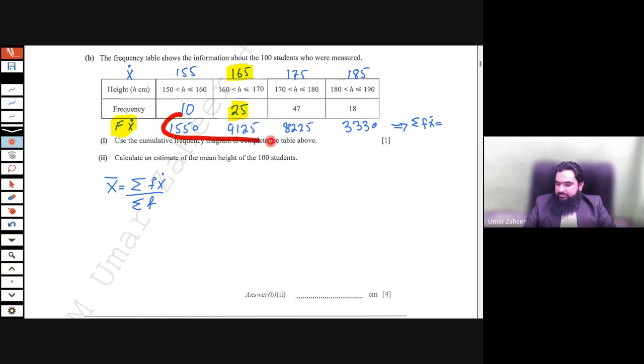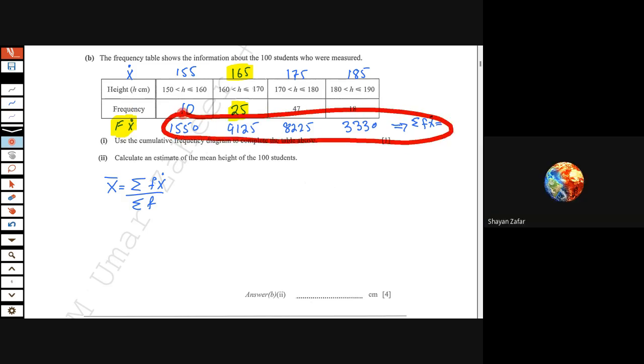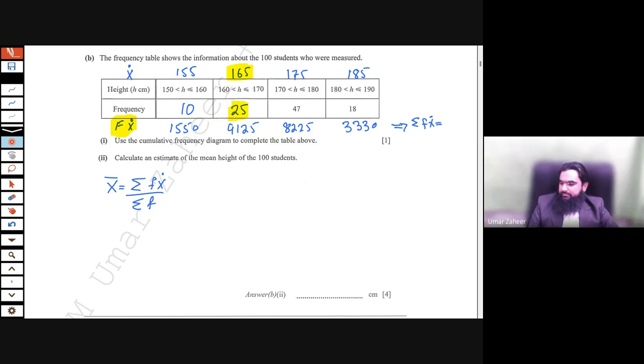Just add the values. 1,550 plus 9,125 plus 8,225 plus 3,330 is 22,230. No, 17,230, right? Yes.